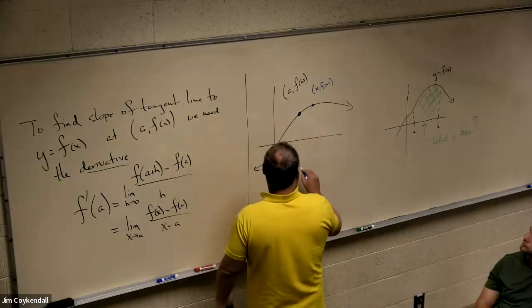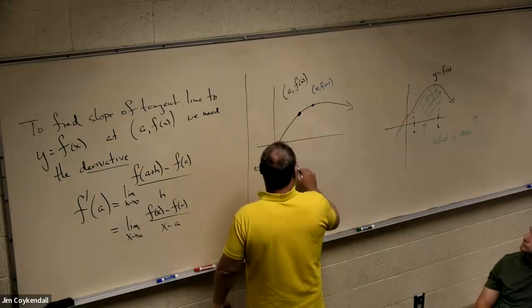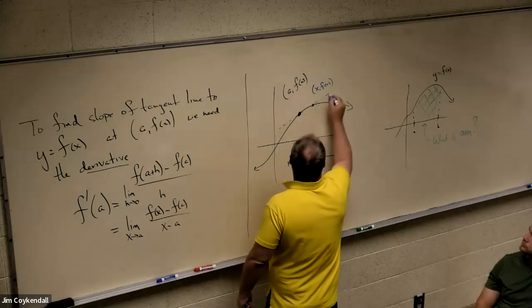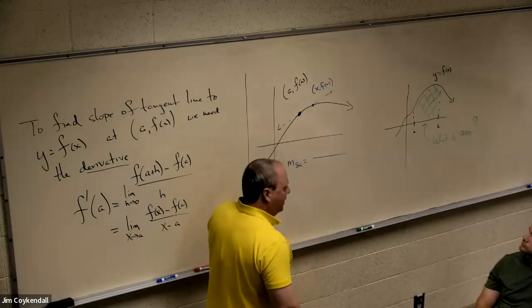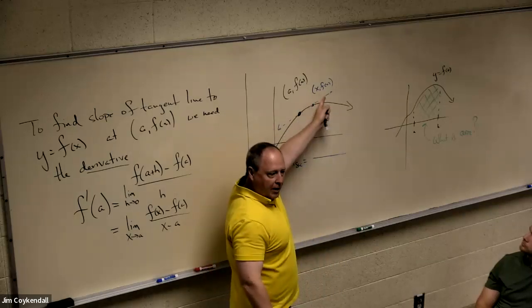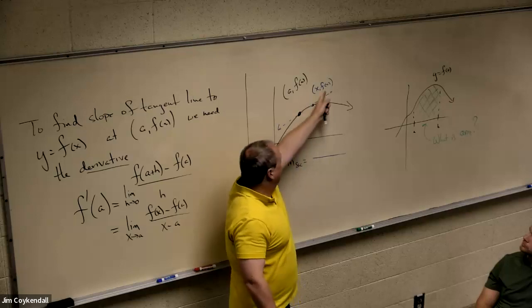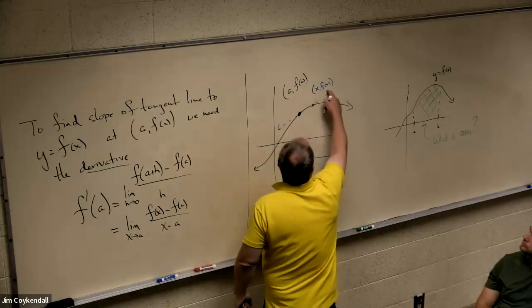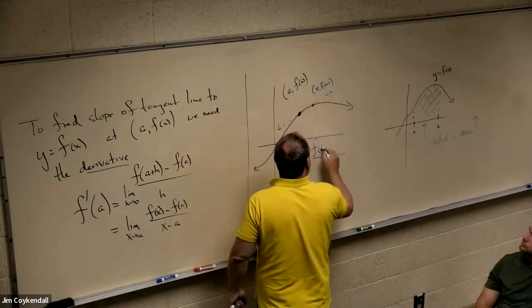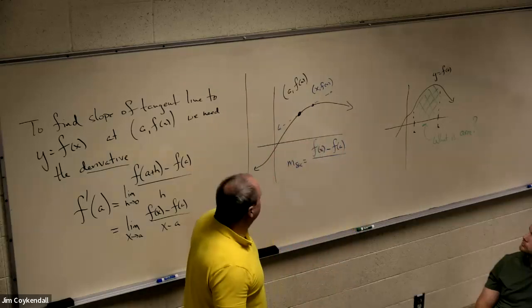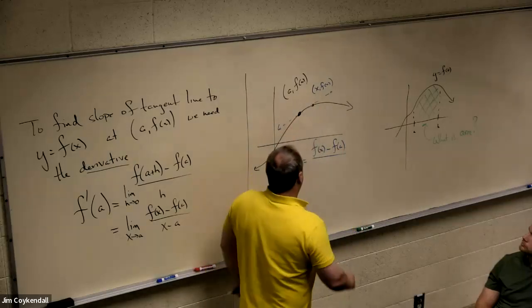And we look at the slope of the secant line, which goes through these 2 points, right? And so, if I remember right, the slope of a line is rise over run, right? So it's f of x minus f of a. There's my rise, and my run is x minus a.